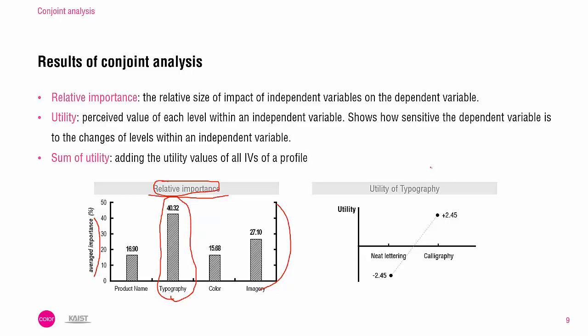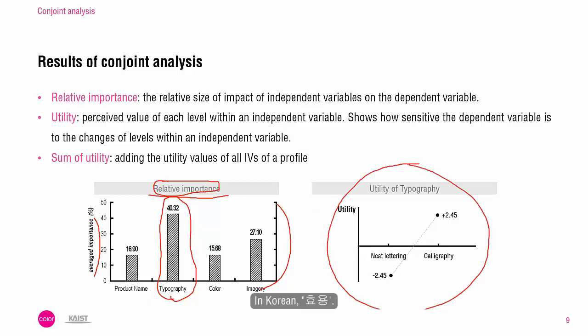And the second type of result is utility. In Korean, 효용. And utility is the perceived value of each level, so each level within an independent variable. So in the typography variable, there were two categories, such as neat lettering or calligraphy. That's what this means.